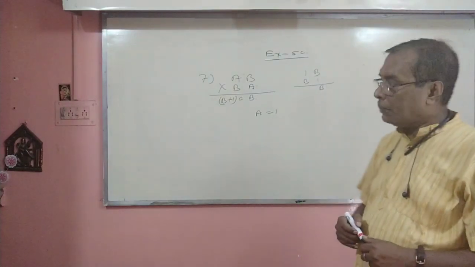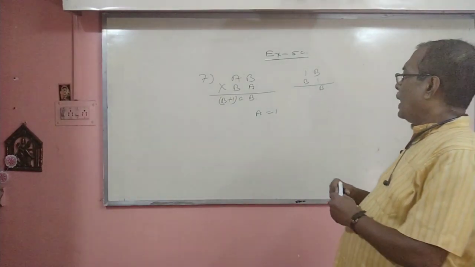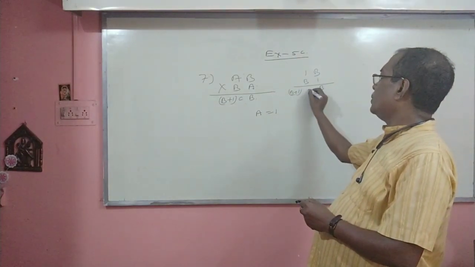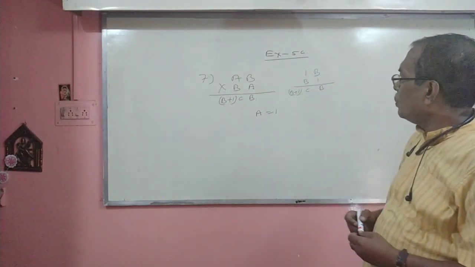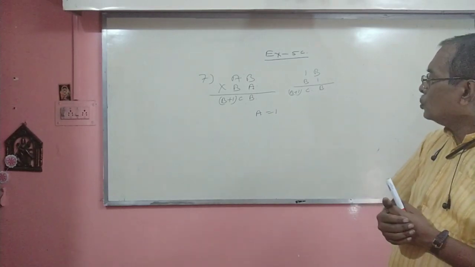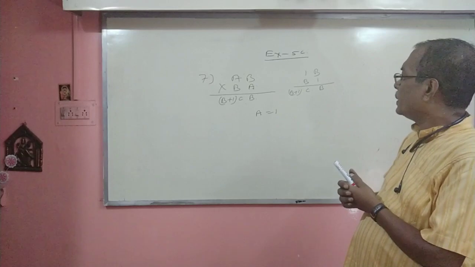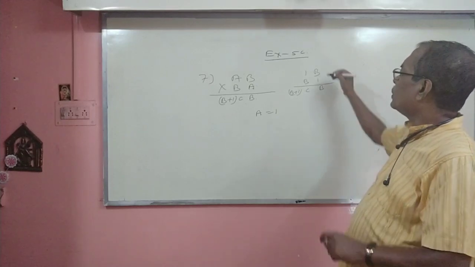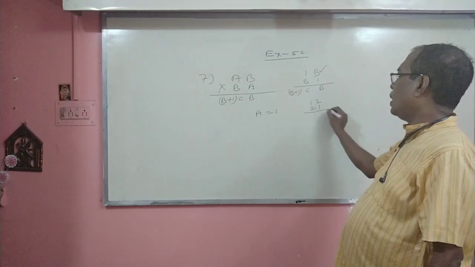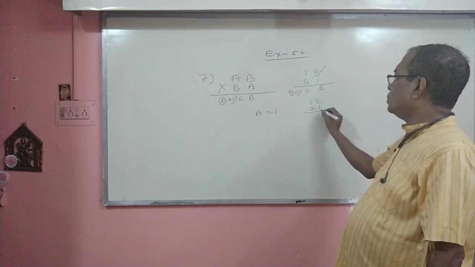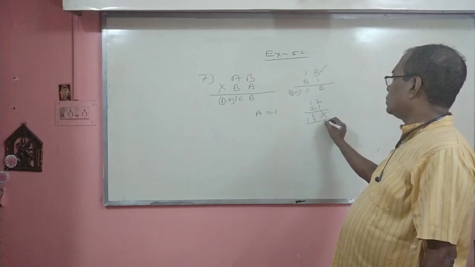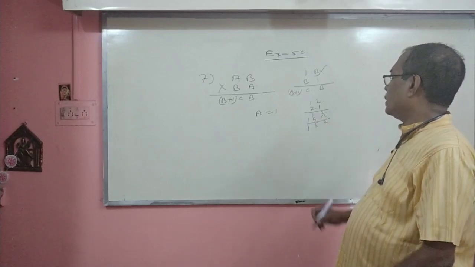The question is, what is that B? And then it will be B plus 1, C here. Now what is that B? So again you have to use the hit and try method. First of all, consider B as 2: 1, 2, 2, 1. How much is it coming? 2 ones are 2, 2 twos are 4, 1, then 2, 5, 1.